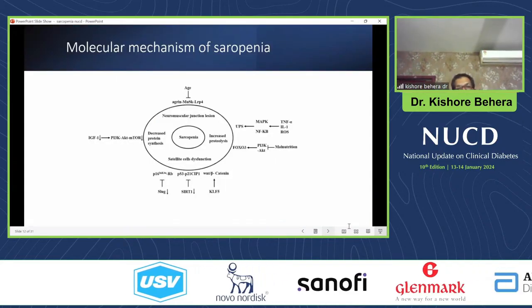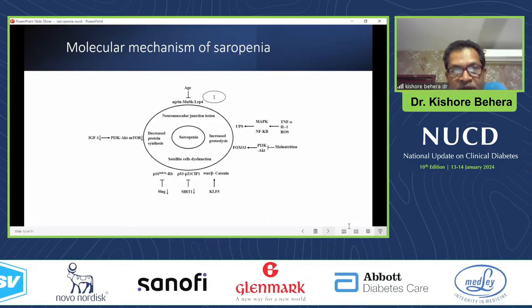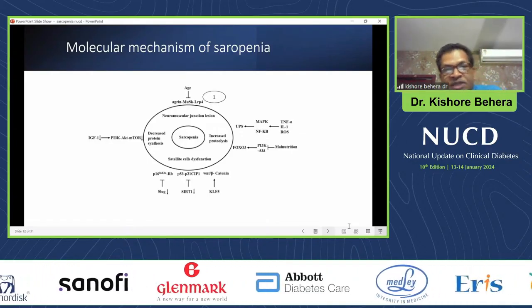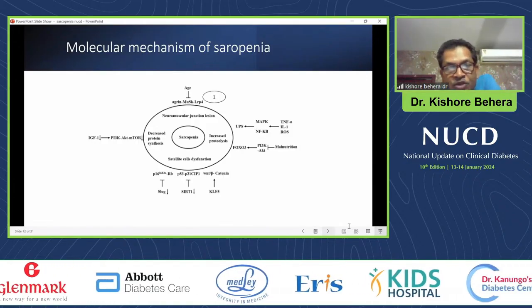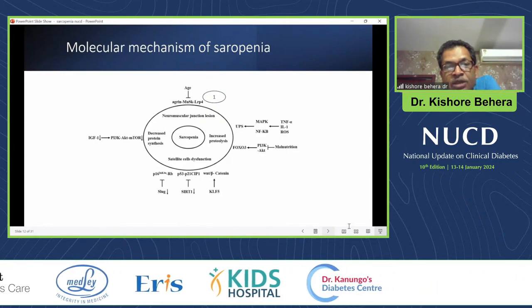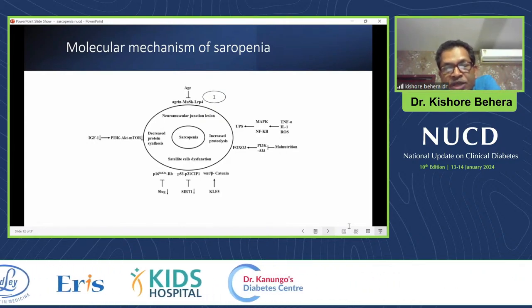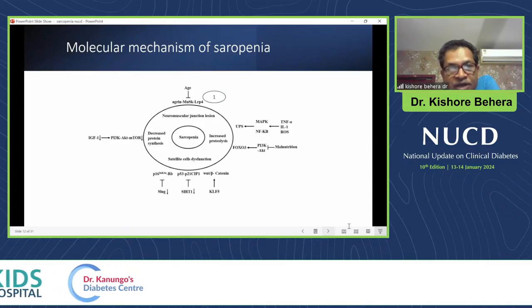Coming to the molecular mechanism, there are 4 mechanisms which operate. One is agrin and muscle-specific LRP4, which is responsible for neuromuscular junction interactivity and impulse propagation. If there is a problem there, it can lead to sarcopenia.